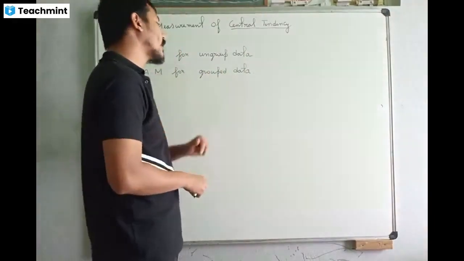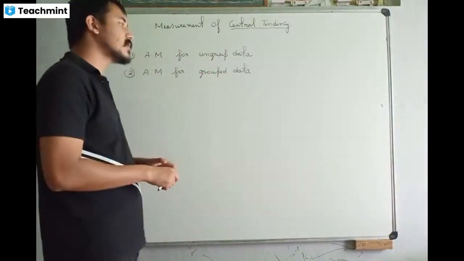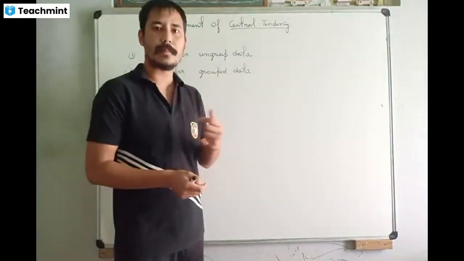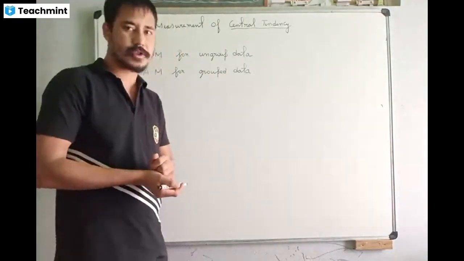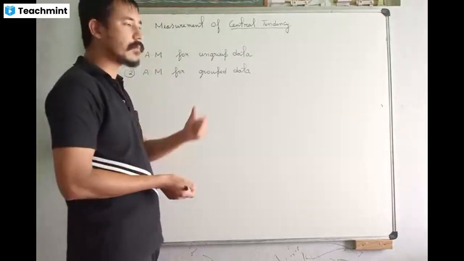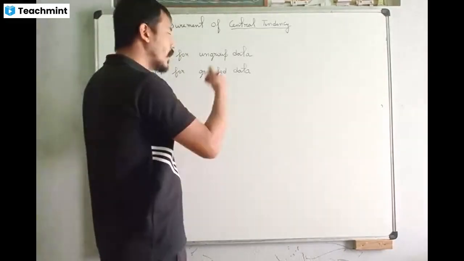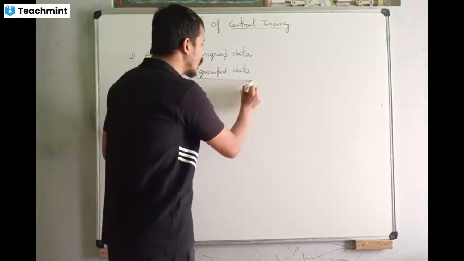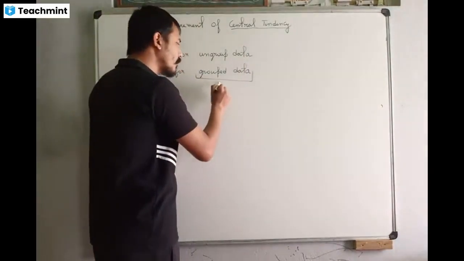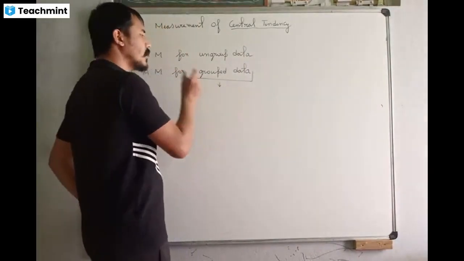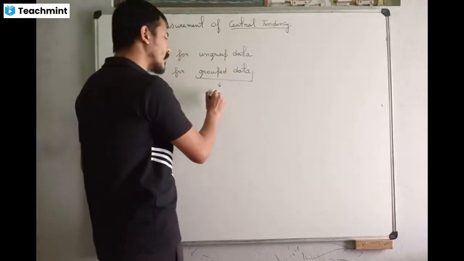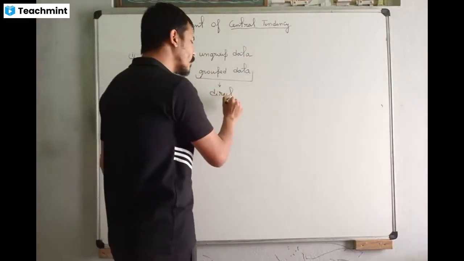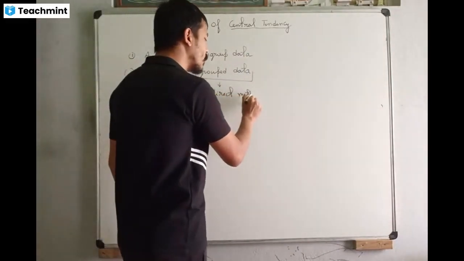But for grouped data, we have to use different methods depending upon the range of your data, that we will see later on. But I'll just highlight the methods for you. The first method for finding the arithmetic mean of grouped data is the direct method.